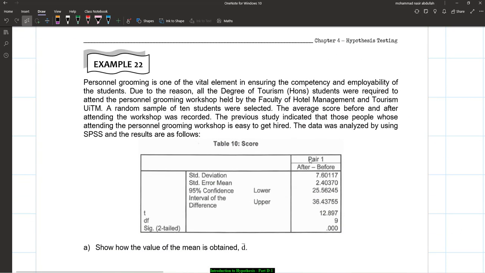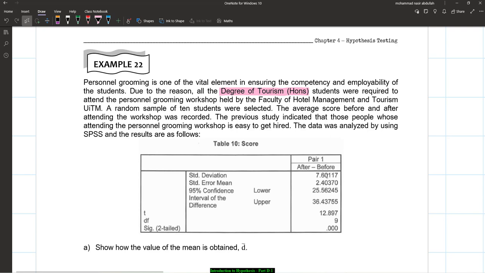So now let's look at example number 22. Personal grooming is one of the vital elements in ensuring the competency and employability of students. Due to this reason, all degree of tourism with honors students were required to attend the personal grooming workshop held by the Faculty of Management, Hotel Management and Tourism, UiTM.